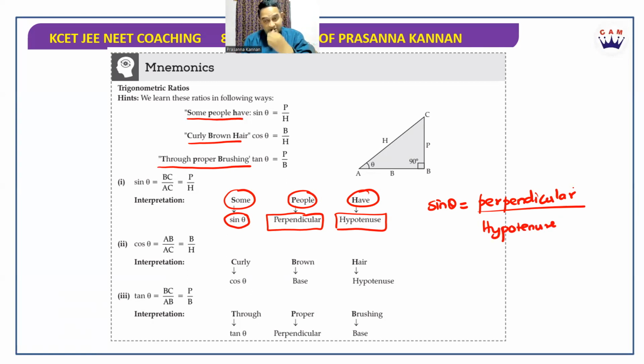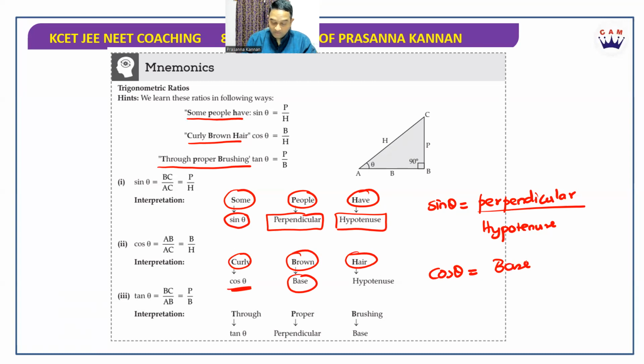Of course, perpendicular is opposite side also, so if you want, you can write opposite by hypotenuse also. Then curly brown hair: cos theta is equal to adjacent by hypotenuse, or according to this mnemonic, base by hypotenuse.